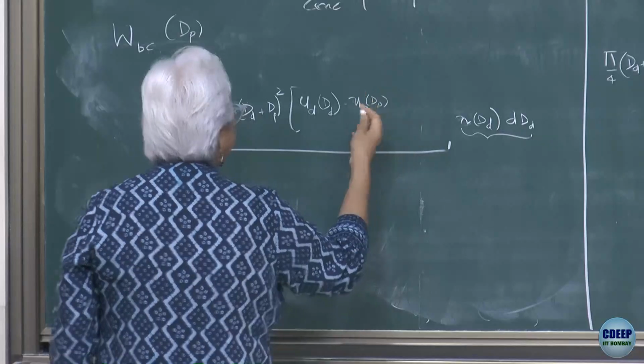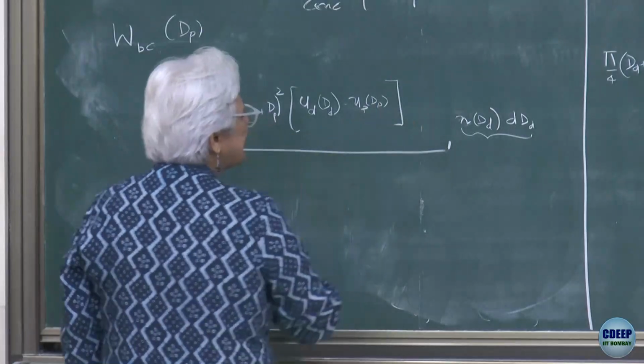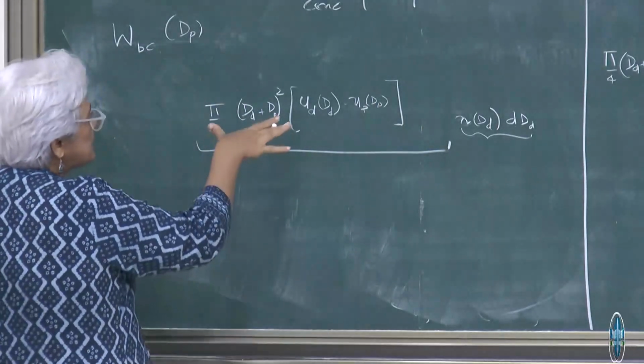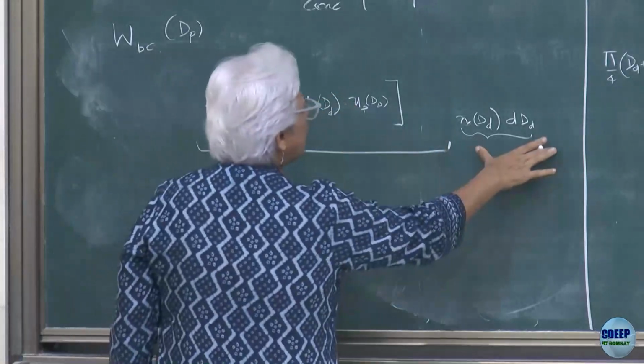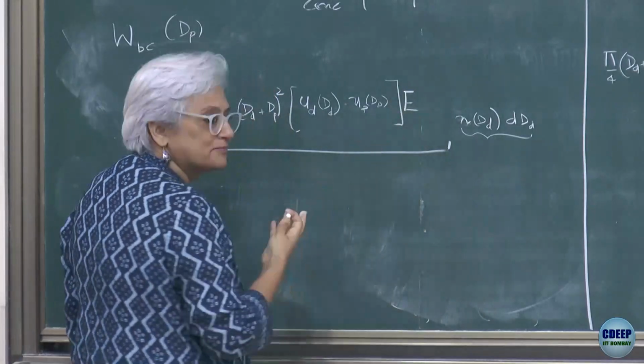So, I write it properly here. So, this is the amount that is getting swept off by one drop, all the drops. And what really is getting swept completely clean?